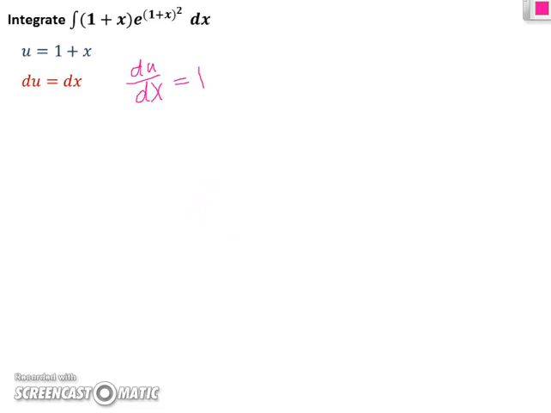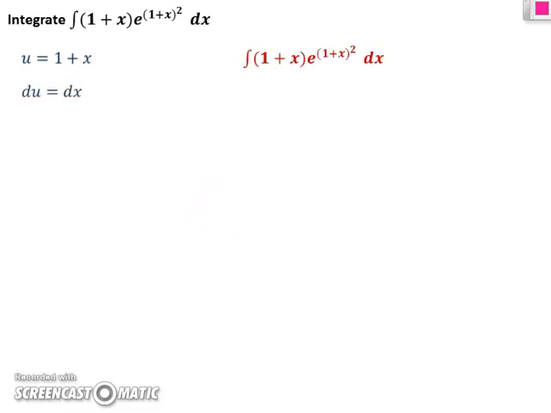So now let's look at our integral. We have, this is going to be u. So that's gone. It's a u. We actually have a u here too. So now it's times e to the u squared power. And then this dx is actually du now.